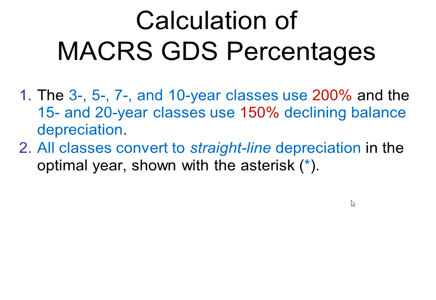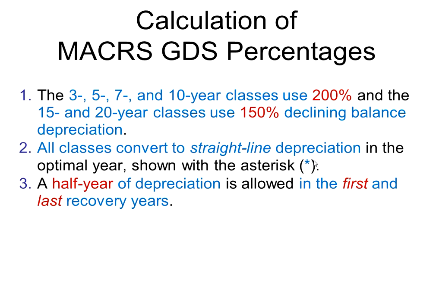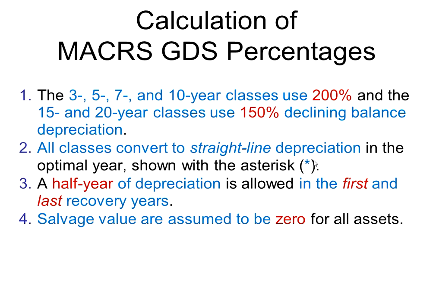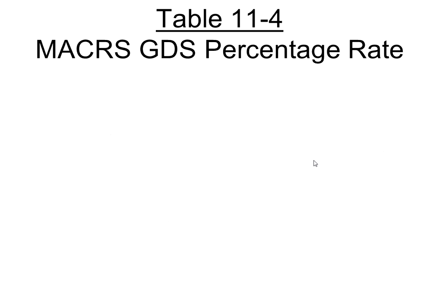All classes convert to straight line depreciation in the optimal year, and that year is shown with asterisks. And a half year of depreciation is allowed in the first and the last recovery years. Salvage values are assumed to be 0 for all assets.